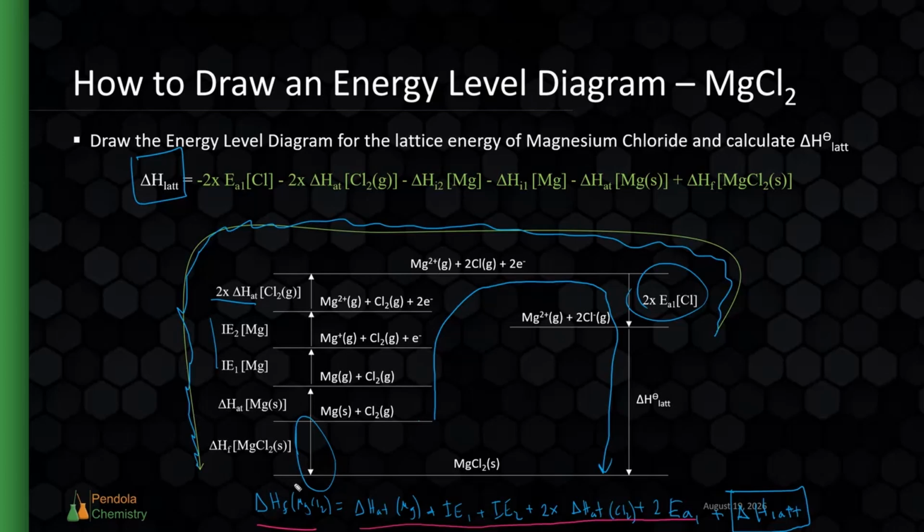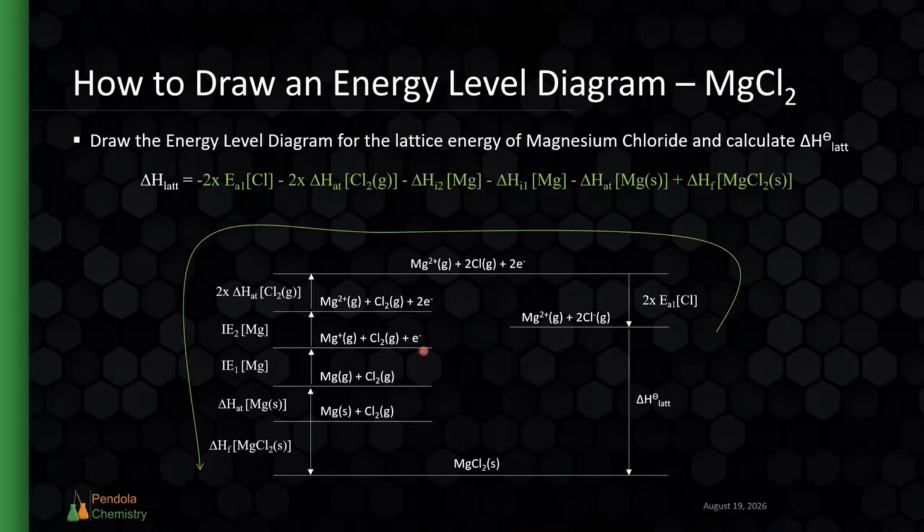If we look at them here, delta HF is positive, the delta H atomizations are both negative, the ionization energies are negative, and the electron affinity is negative. Again, because we're going to now subtract all of these from delta HF, in the math we end up with the same equation. So it doesn't matter whether you do the green arrow or the blue arrow, they're just two alternate ways of doing the exact same thing.